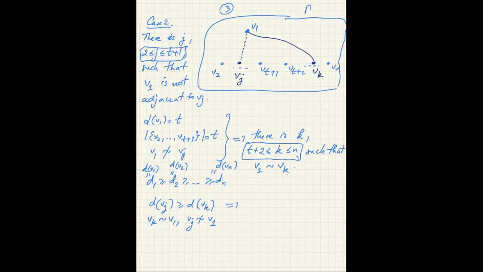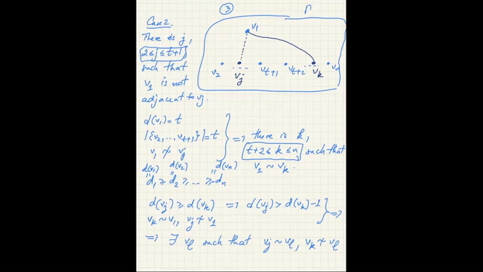So from here, we get the obvious thing, that the degree of Vj is strictly greater than the degree of Vk minus 1. And so combining these two facts, we get that there exists some vertex VL, I don't know where L is, such that Vj is adjacent to VL, but Vk is not adjacent to VL.